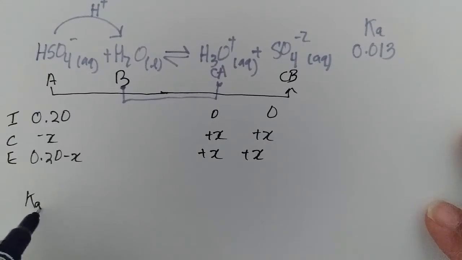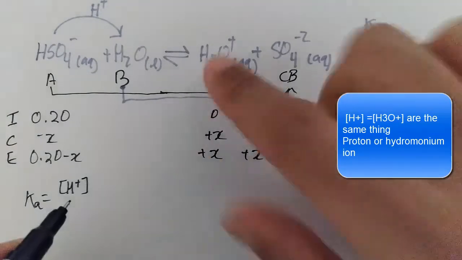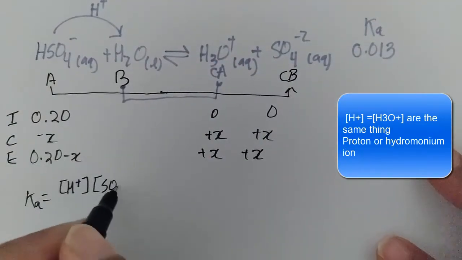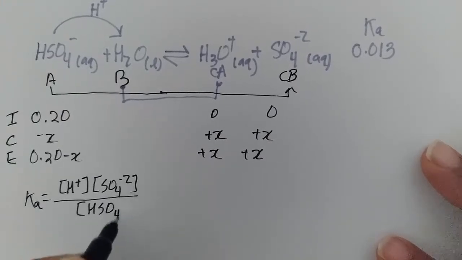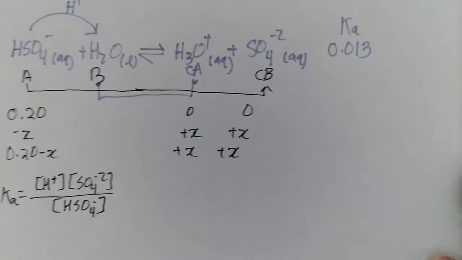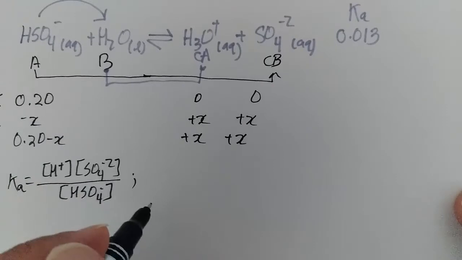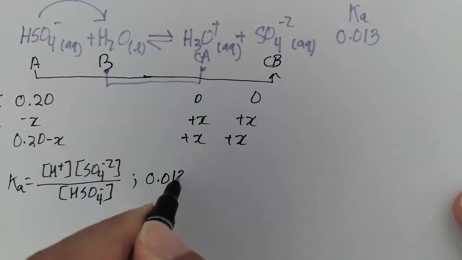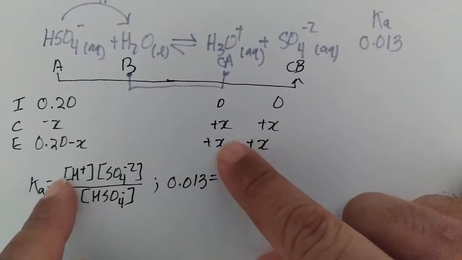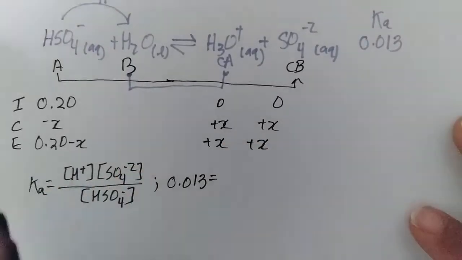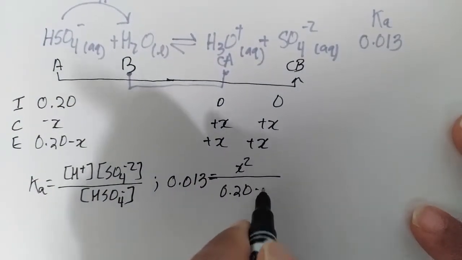The Ka is the hydronium ion, H+, I use this and this interchangeably, times SO4 2 minus, the sulfate ion, all divided by HSO4 minus. The Ka given to us, consulted from the table and usually quoted at a specific temperature, is 0.013. H+ is x at equilibrium, sulfate is x at equilibrium, so x times x is x squared, divided by 0.20 minus x.